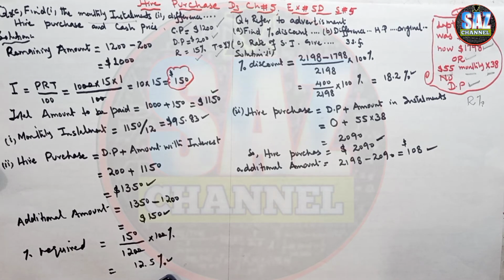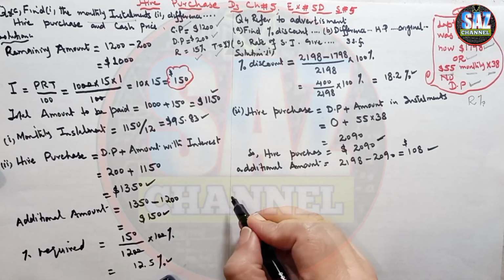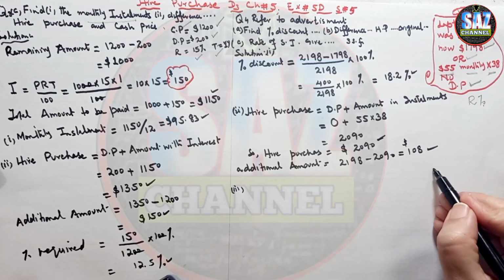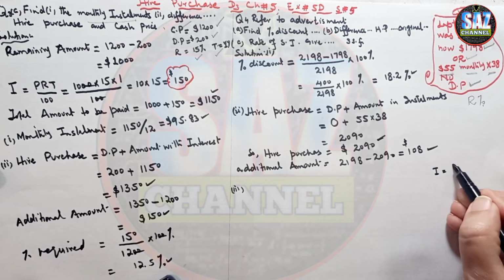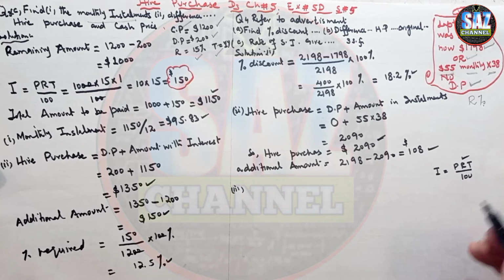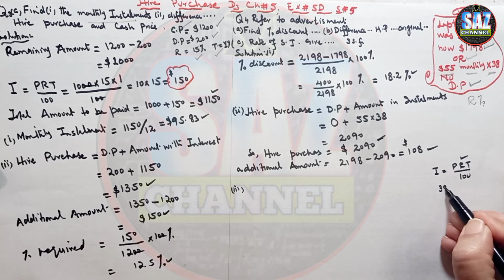And the last part says, what is the rate of simple interest charged for hire purchase? Recall the formula of simple interest, I equals PRT upon 100, and in this formula we have to find the rate of simple interest. Time is given in the advertisement: 38 months.